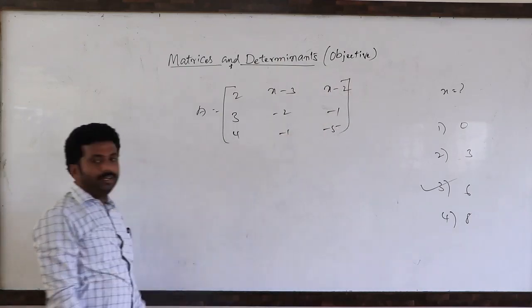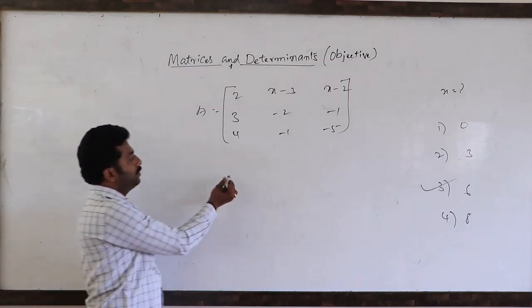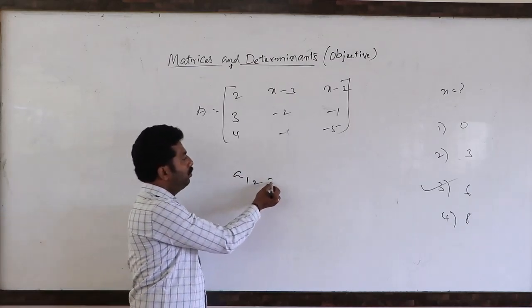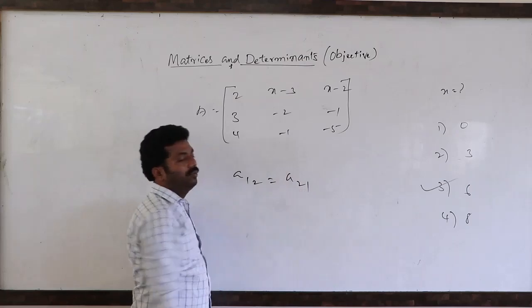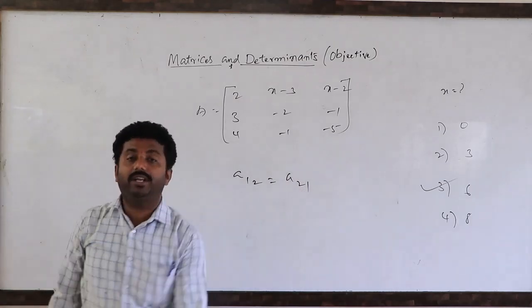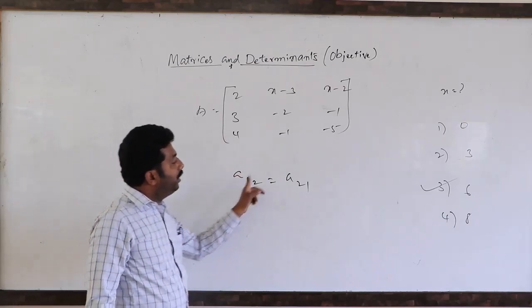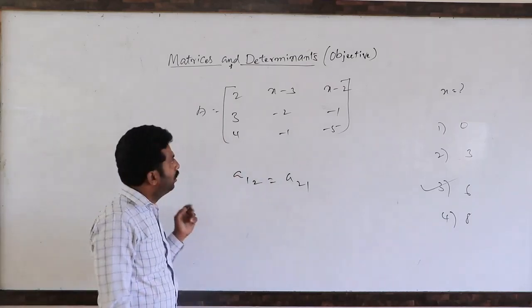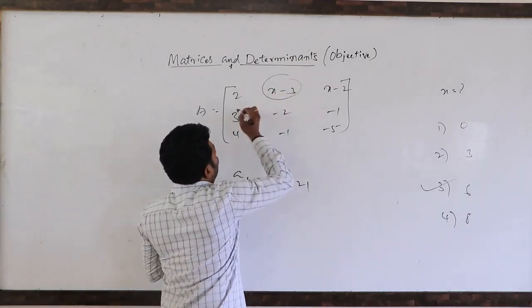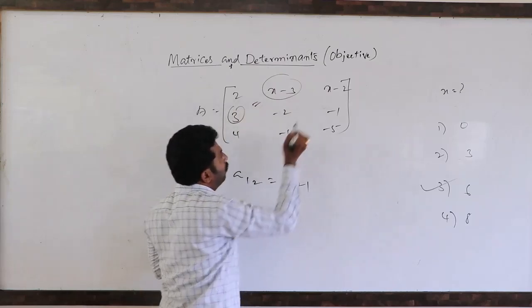In a symmetric matrix, what is the condition? A12 value and A21 value both are equal.